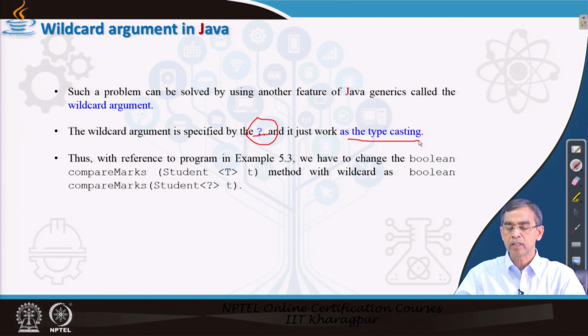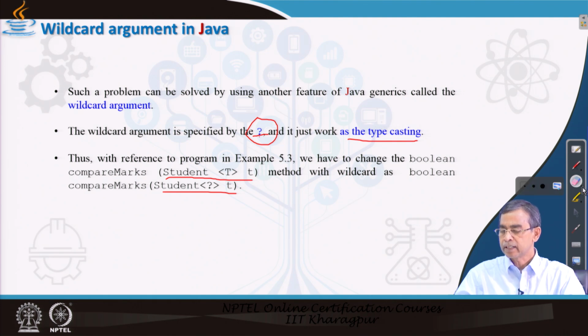This is basically called the wildcard symbol, used for typecasting. Earlier in the declaration, as you can see, we wrote Student T. If we use the wildcard, then we should write Student with the question mark. If we use it, then the typecasting can be enforced. So, this symbol in place of the template T is the wildcard symbol.